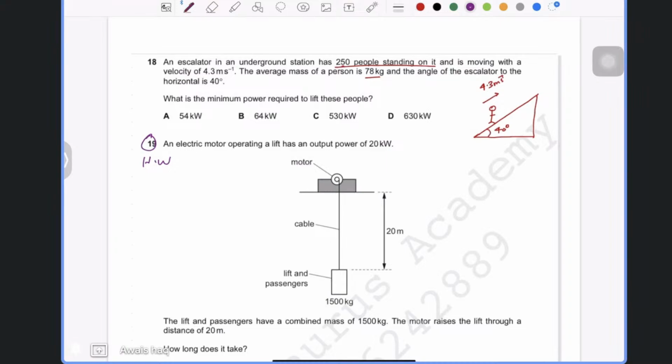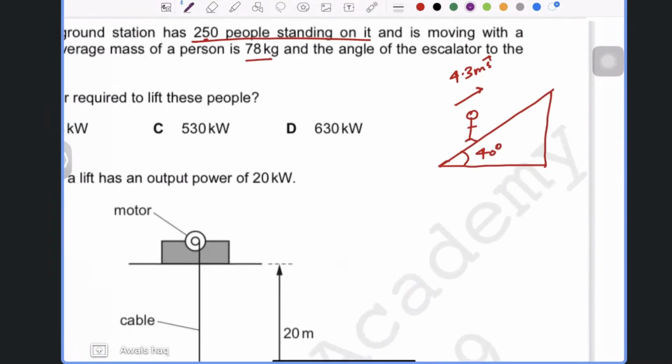Now see this. The force that is required to work on it is the one that is because of the weight component. So this is the weight of all the people. And obviously one component is going to be perpendicular to the slope, one is going to be parallel to the slope. So this one is going to be W sine of 40 degrees. Each person is 78 kg multiplied by 9.81 to give the weight, and there are 250 people. So that would be the total weight of everybody, and then multiplied by sine of 40.